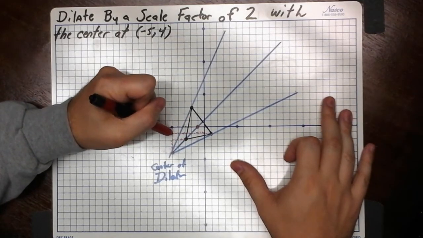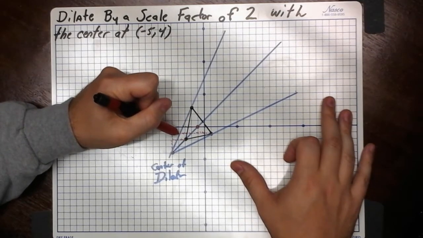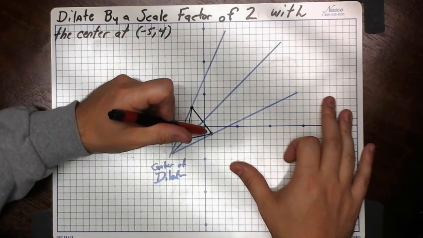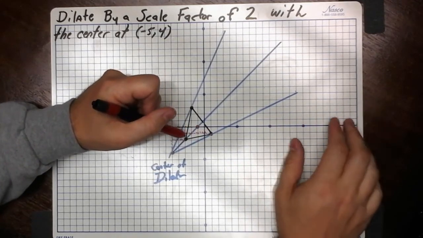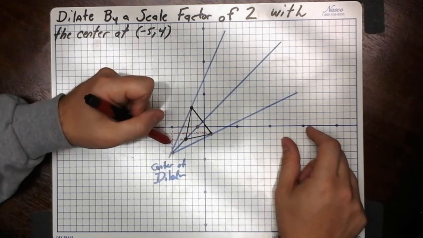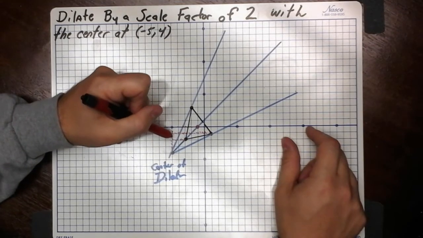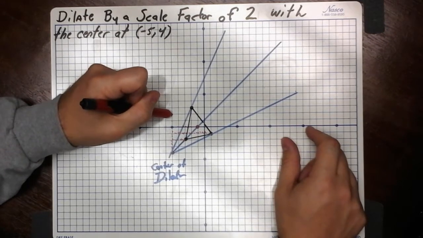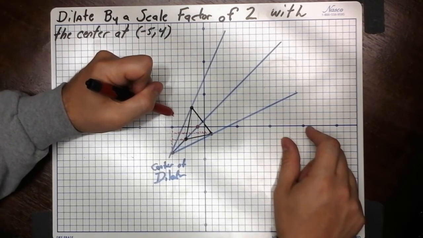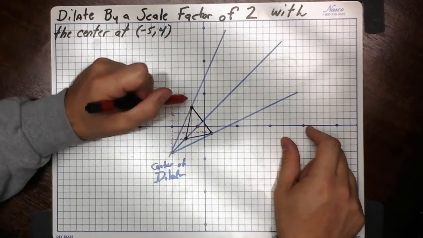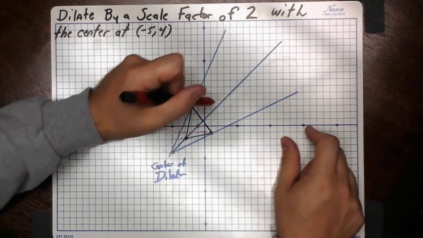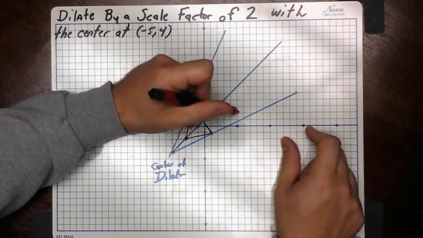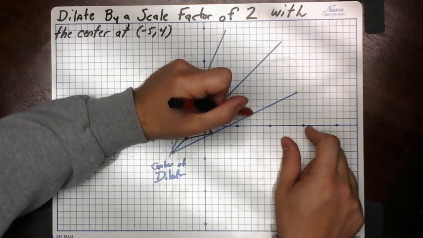So one more time, rising 3, running 1, 2, 3, 4, 5, 6. Okay, so I'm going to double that. So I'm going to rise 6, 1, 2, 3, 4, 5, 6. Then I'm going to run 12: 1, 2, 3, 4, 5, 6, 7, 8, 9, 10, 11, and 12.